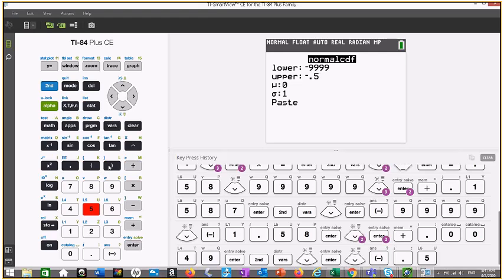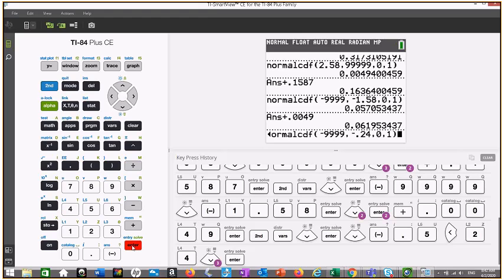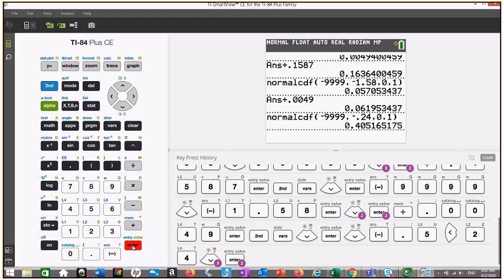And enter. That's 0.4052. Okay, now let's do the right hand side.